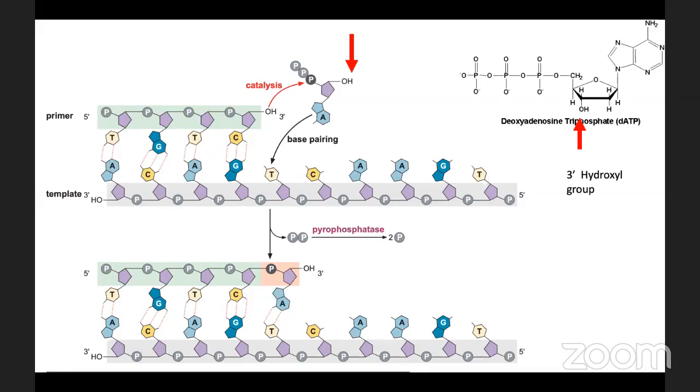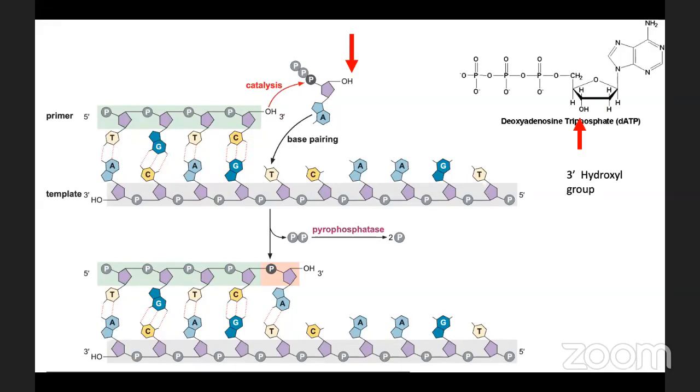This 3' hydroxyl group is on the base which has already been attached to the primer, the penultimate base we can say. This OH is important because it catalyzes the reaction wherein the incoming base will be incorporated. So what will happen?